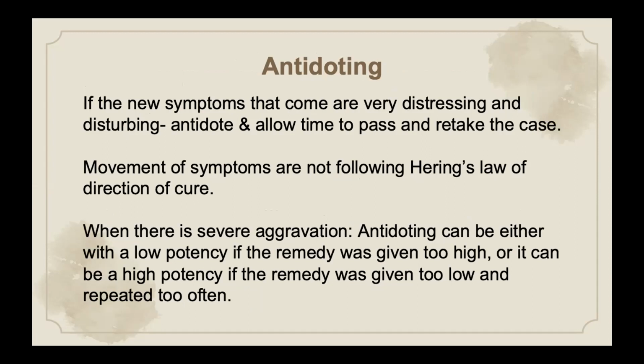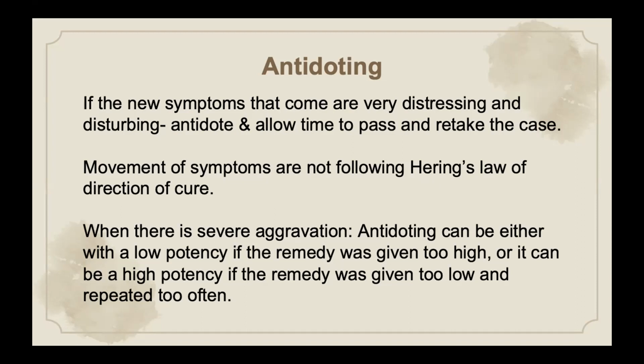And the one thing I learned was, if the remedy has been given in a low potency and repeated just too often, then you can actually antidote with the same remedy in a higher potency. And simultaneously, if the remedy was given too high, you can antidote with the same remedy in a lower potency. So look into that. That was really interesting.